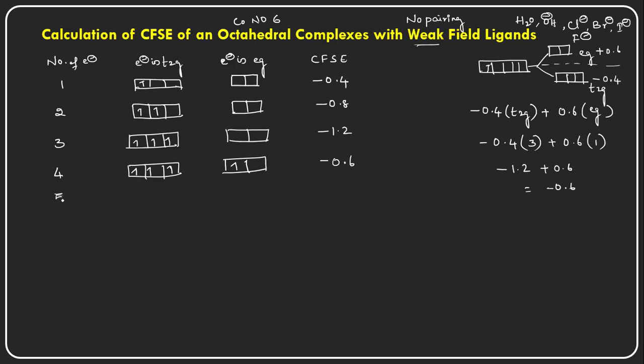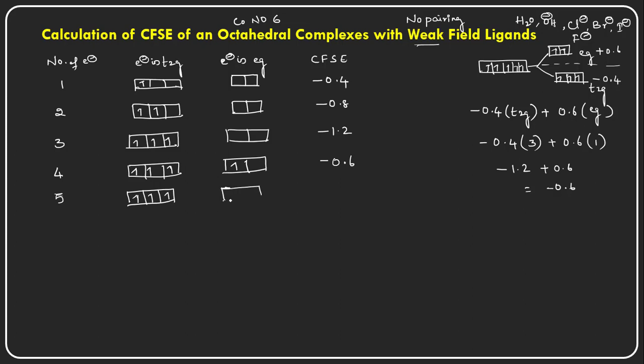And if the fifth electron is present, where will it enter? Here the T2g orbitals have 3 electrons, and the Eg orbital has 1 electron. If 5 electrons are there in the d orbitals, then 3 unpaired electrons and the fourth electron are there, and the fifth electron obviously goes into the Eg orbital.